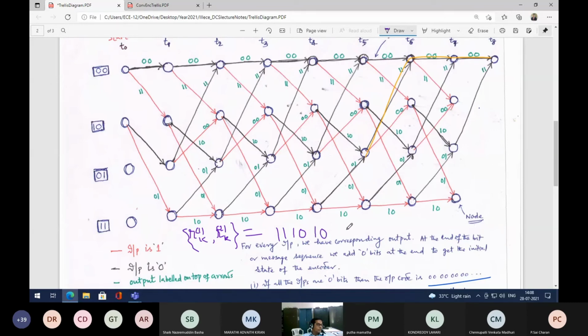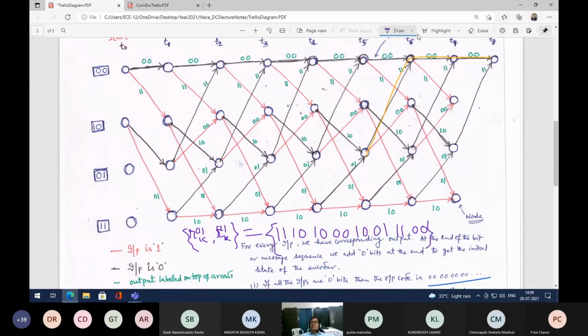I'm writing pairwise so that it will be easy for you to understand. Then 0 0, then 1 0, then 0 1, then 1 1, then 0 0. Okay, this is my received sequence.